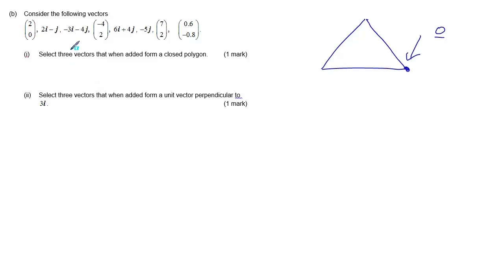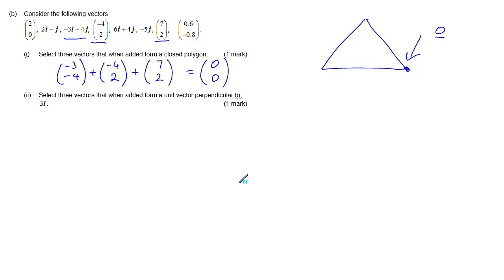And after looking for a minute or so, I have seen this one, and this one. If we do -3, -4, and we add that to -4, 2, and we add that to 7, 2, then we can see that we do indeed get 0, 0.